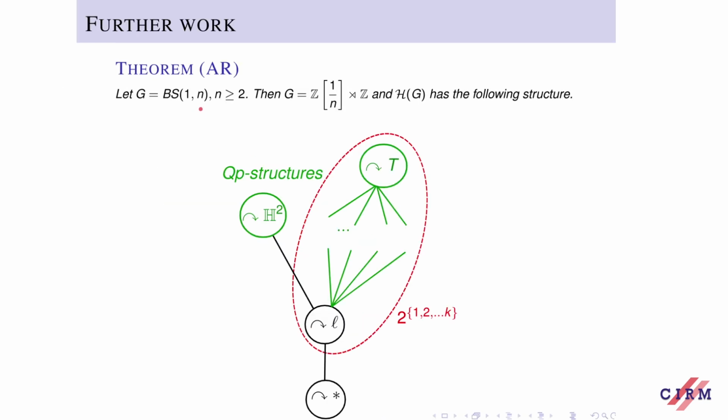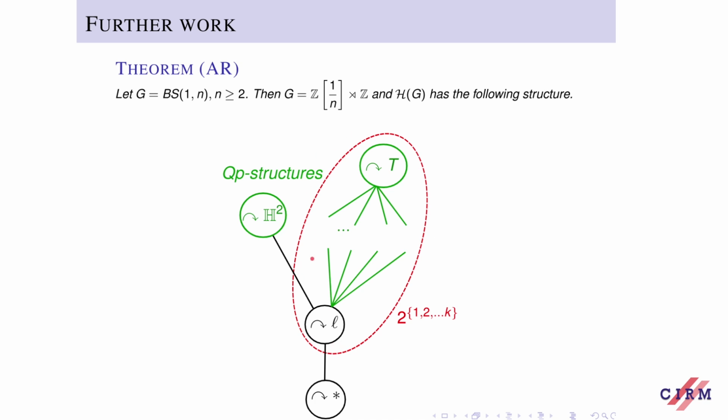Well, we take the prime decomposition of n, and we assume that there are k different primes involved in the prime decomposition of n, and this is that k. And then you take the power set of the set 1 up to k. That creates an embedding of this lattice here.